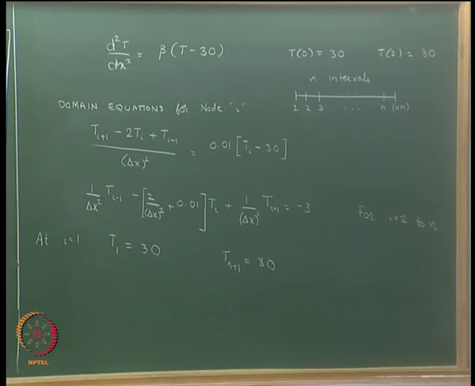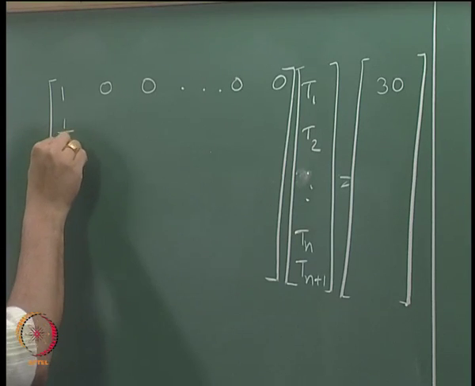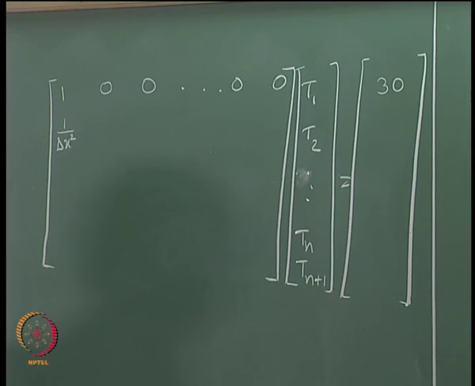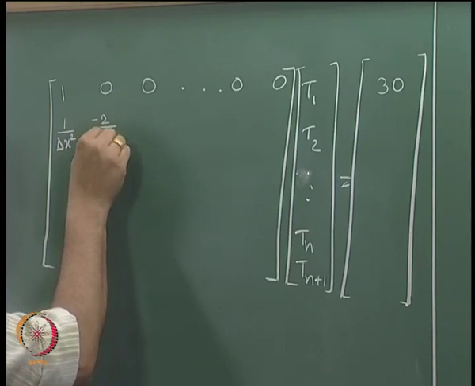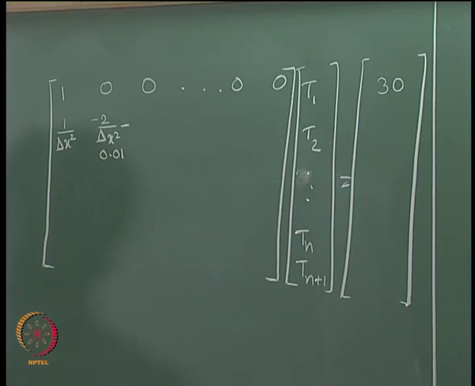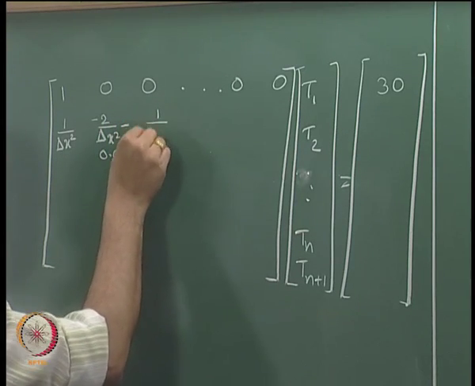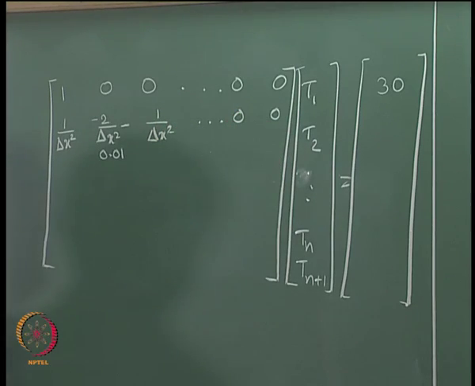Okay. So, we will write that down over here, it is 1 by delta x squared as the coefficient for T1, the coefficient for T2 is minus 2 by delta x squared minus 0.01, the coefficient for T3 is again 1 by delta x squared and everything else is 0.